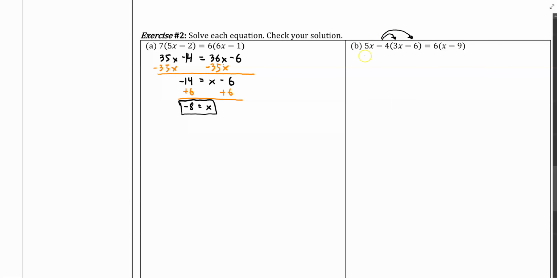So the left-hand side gives us 5x, followed by negative 4 times 3x is negative 12x. And then negative 4 times negative 6 is positive 24 equals. And on the right-hand side, we have 6 times x is 6x. And then we have 6 times negative 9 is negative 54.